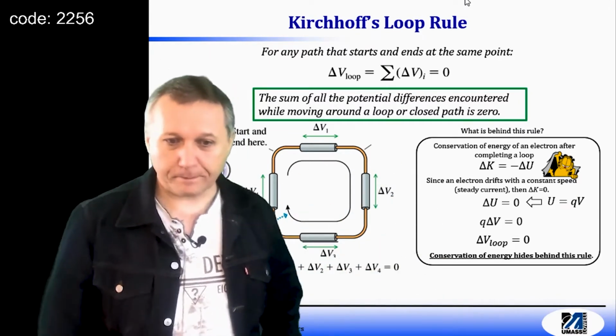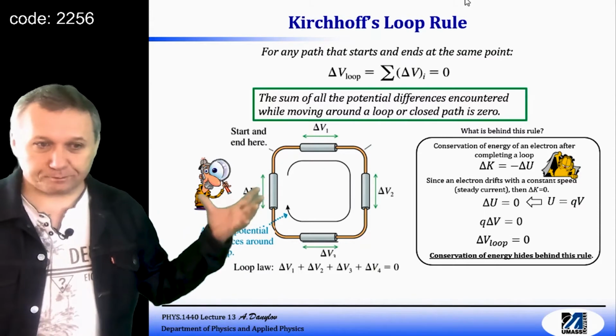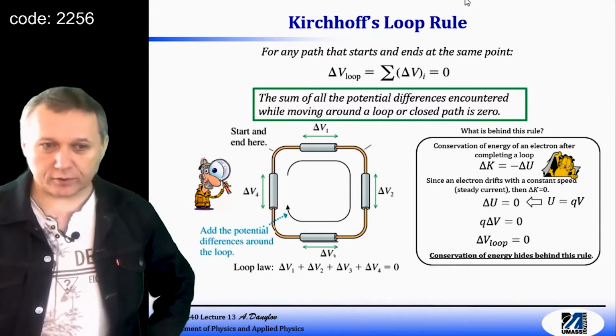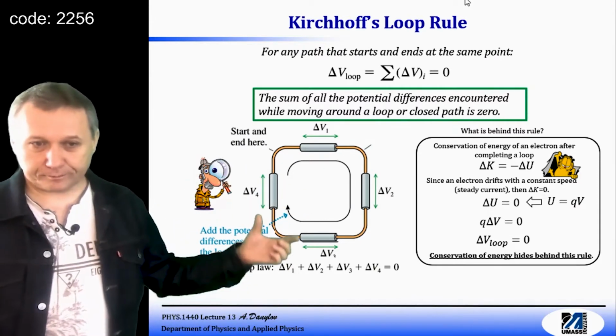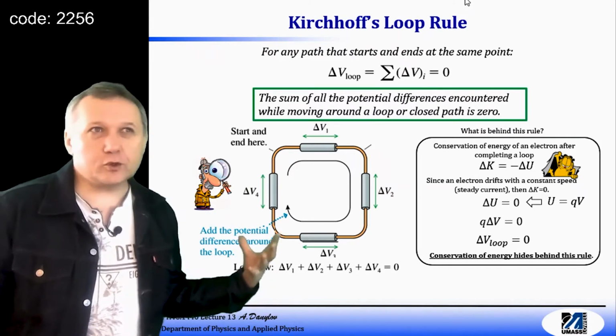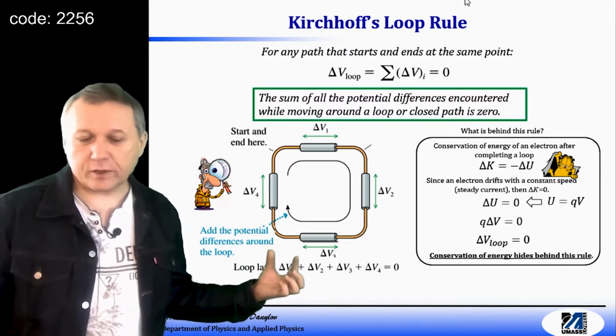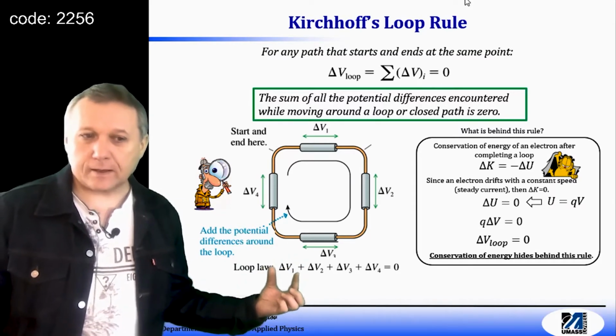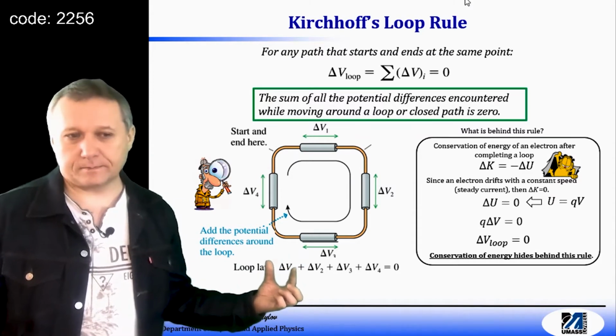He applied it. Okay, so now we need to spend more time on this rule because we need to derive a few rules which we are going to use to calculate these delta V's.